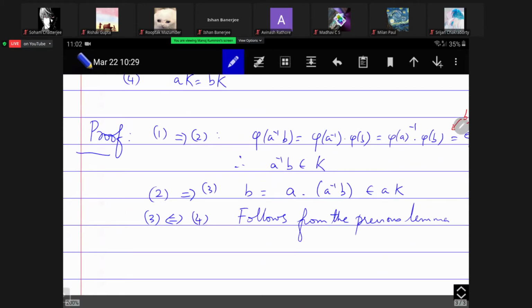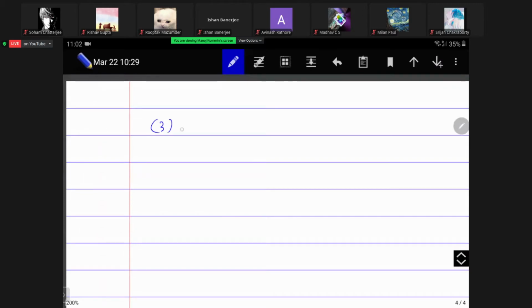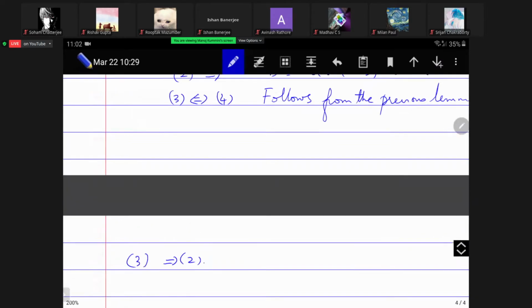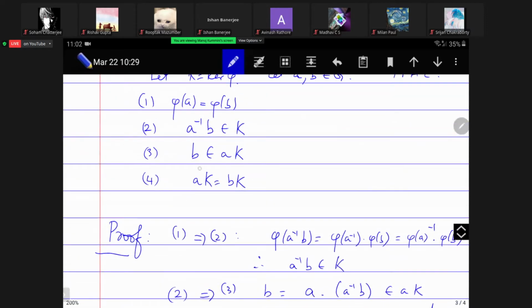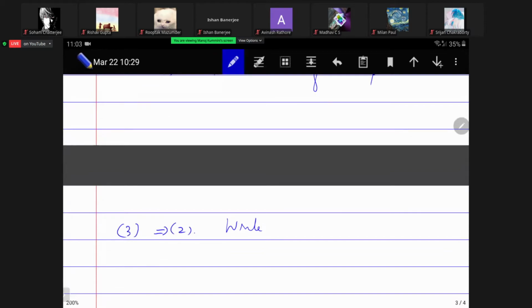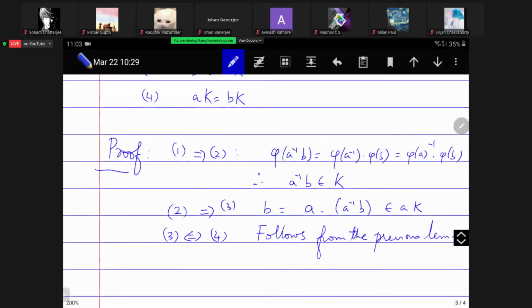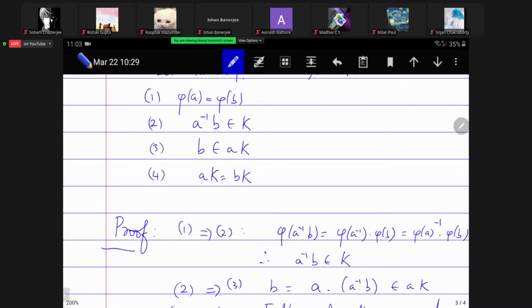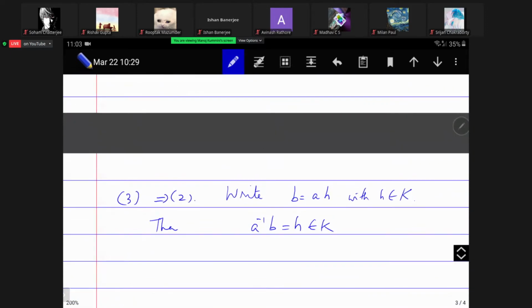Sorry, I should have done three. Three implies two. What we know is that B is inside AK. So write B as A times h with h inside K. Then h is A inverse B, which is inside K. That implies three implies two. And then two implies one.